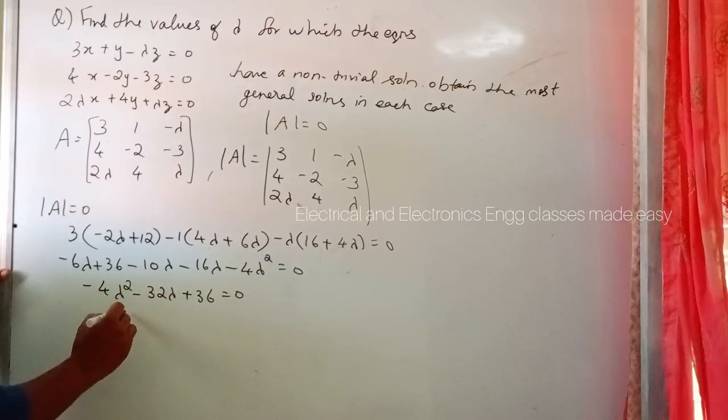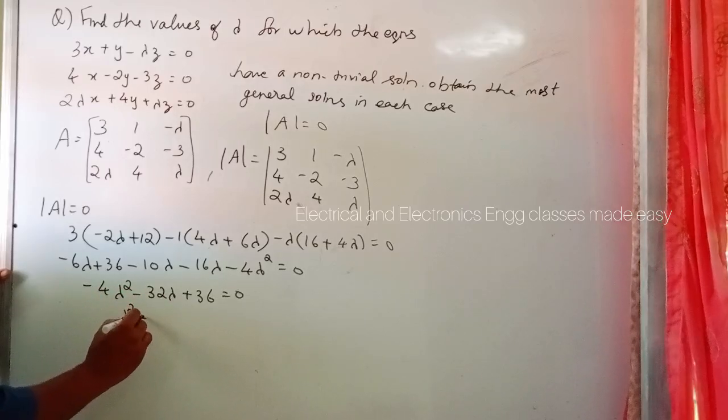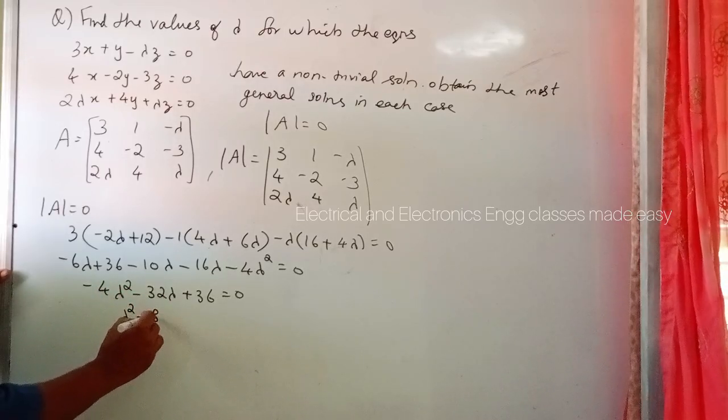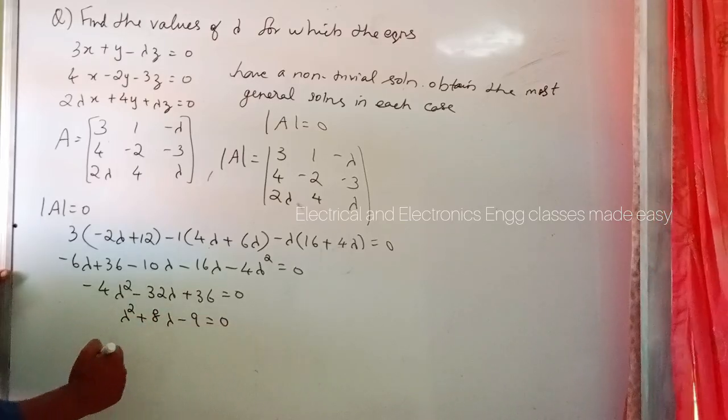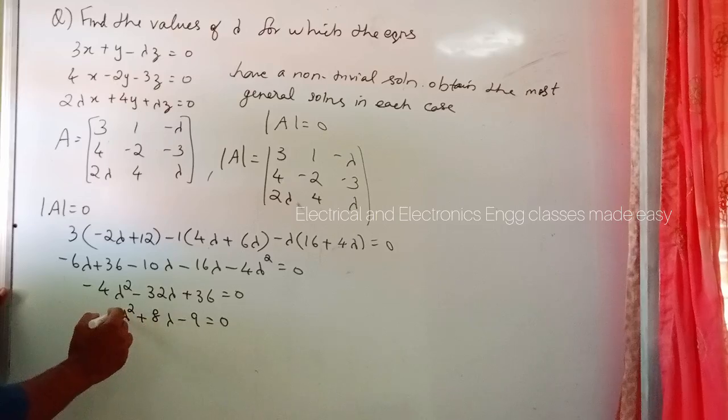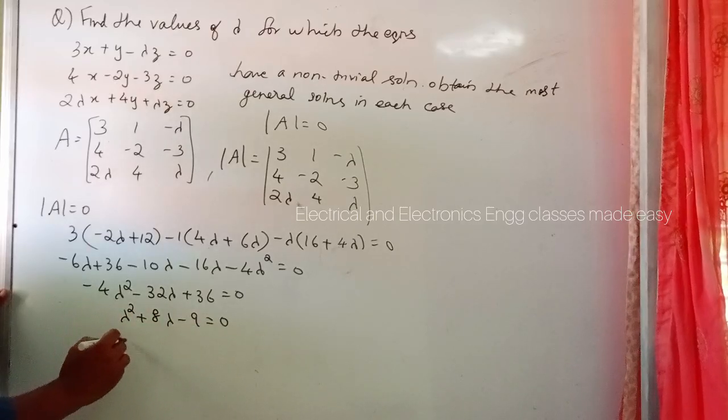Dividing by minus 4, that is lambda square plus 8 lambda minus 9 equal to 0. So here we have to find the solution of this equation.